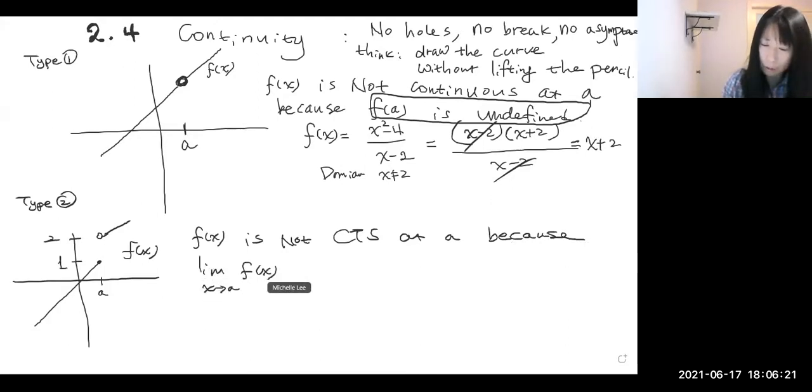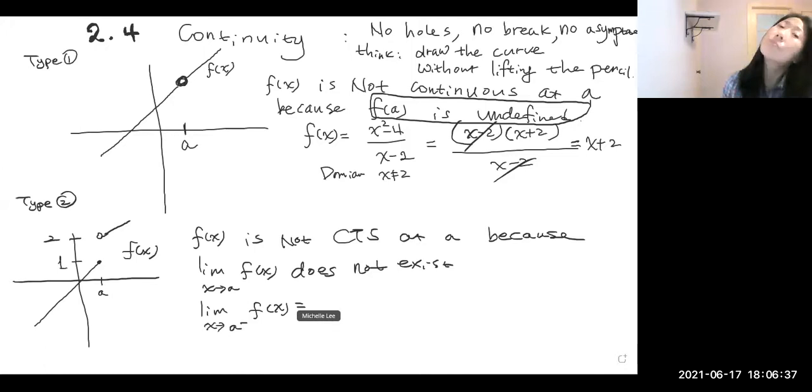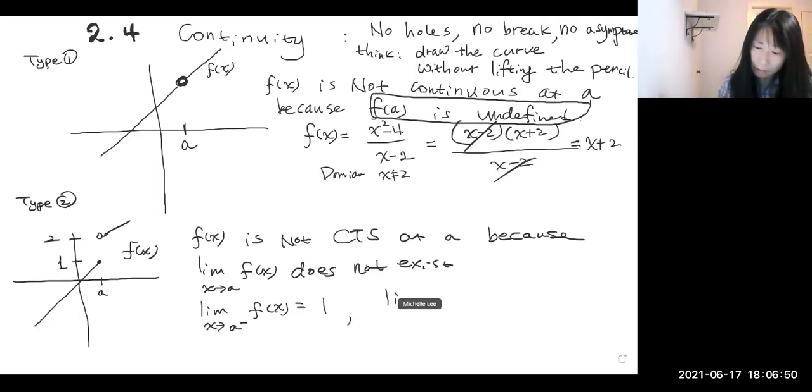We did this one-sided limit for the piecewise function. So look, we have x approach to a from the left. What do you get? From the left, 1. Okay, good. And if x approaches a from the right, what do you get? 2.